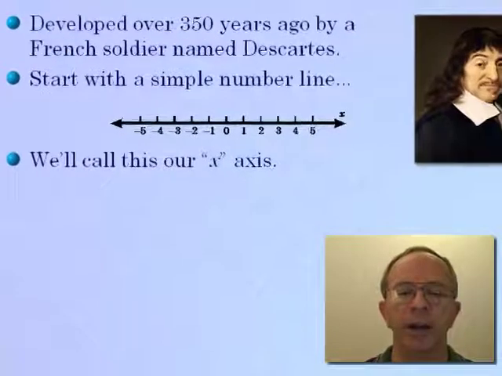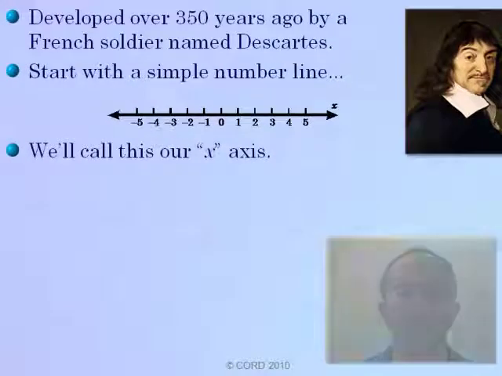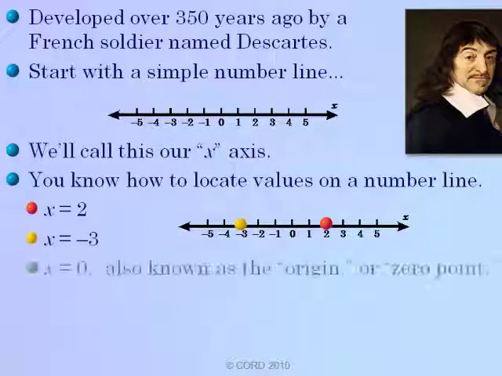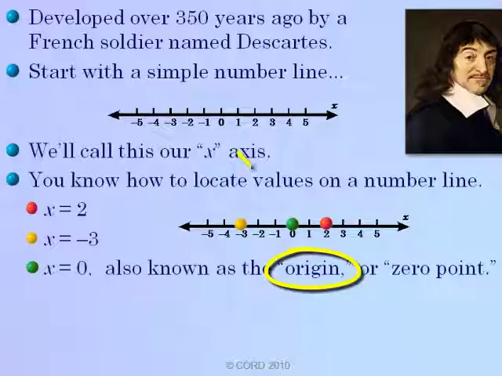We'll call this our x-axis, and you know how to locate values on a number line. For example, x equals 2, or x equals negative 3, or x equals 0. 0 is also known as the origin or the 0 point.